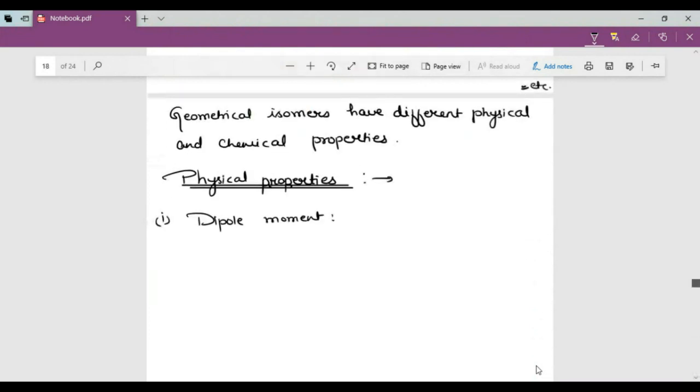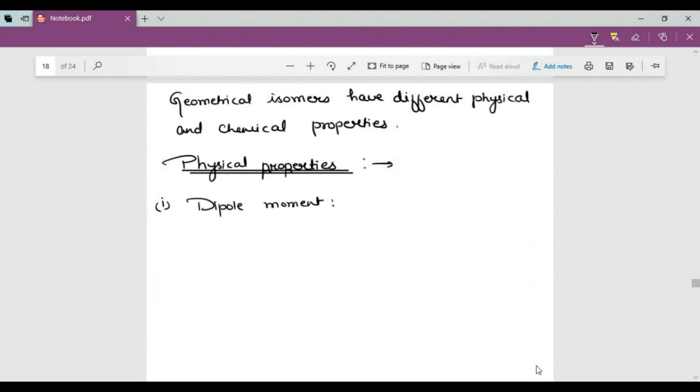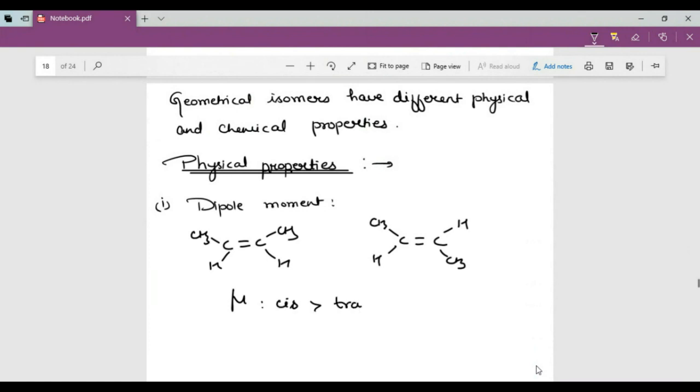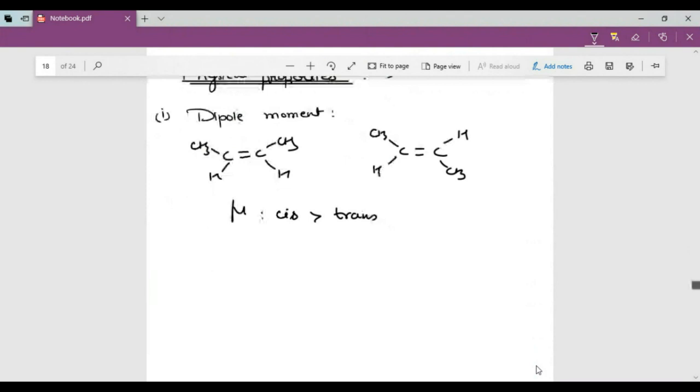Geometrical isomers have different physical and chemical properties. Okay, they have different dipole moment. In case of 2-butene, I will say cis versus trans. If I compare, then dipole moment of cis is greater than trans. But there is no fixed rule regarding this.